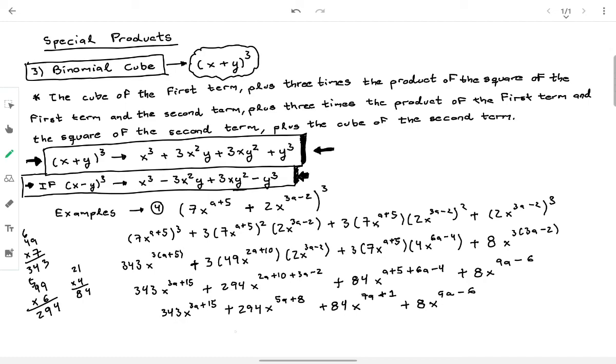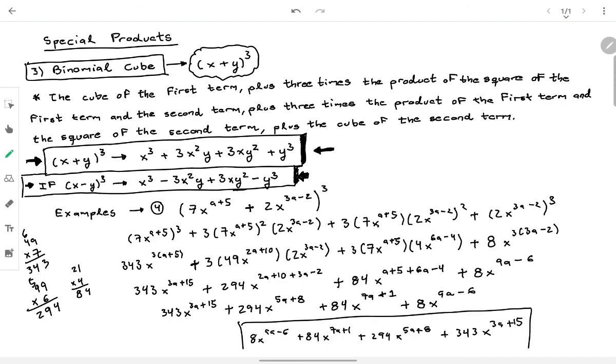So the final ordered answer will be 8x to the 9a minus 6, plus 84x to the 7a plus 1, plus 294x to the 5a plus 8, plus 343x to the 3a plus 15. And this is going to be the final and ordered answer.